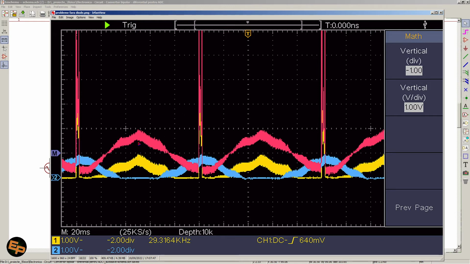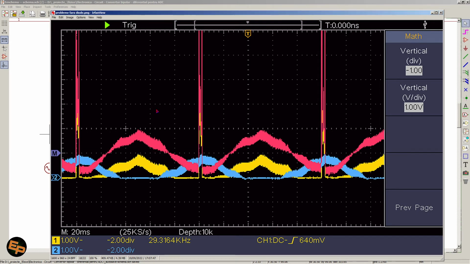Okay, in order for me to see what the output voltage would be like if I were to reconstruct it from the two positive voltages. We have the zero line on the inputs here and the zero line on the mathematical channel here.